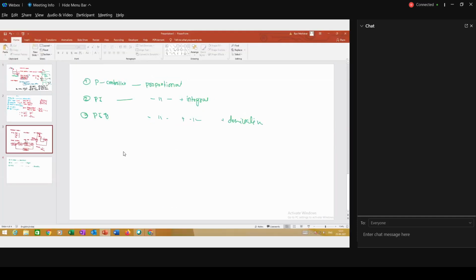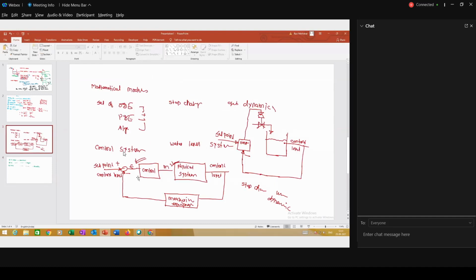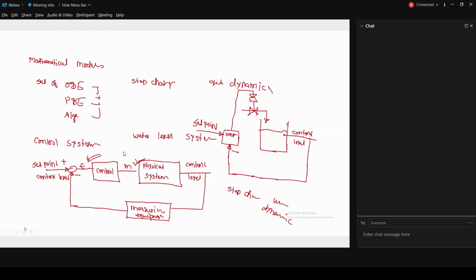If you look at this diagram, what it calculates is m. Agree? Basically, at the end of the day, it calculates m. This is what is inserted into the system.